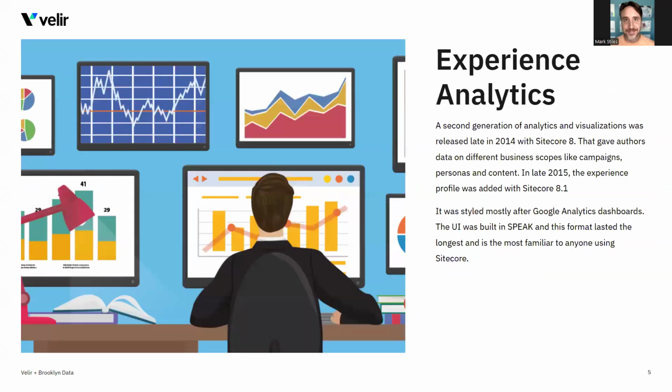And then there is the Experience Analytics, which is probably the most well-known version. This was released in 2014 with Sitecore 8. And it was shortly followed up in 2015 with the addition of the xProfile.